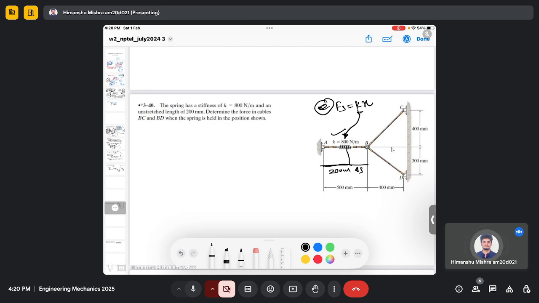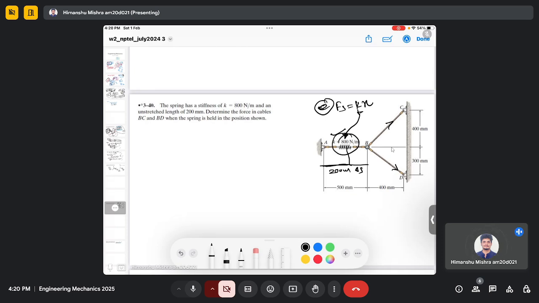Determine the force in cables BC and BD when the spring is held in the position shown. So when you stretch this spring, what is the force experienced by the chords CB and DB that we need to find. Again, a similar problem, but there's a difference here that in the chord AB, the force is due to the spring force.